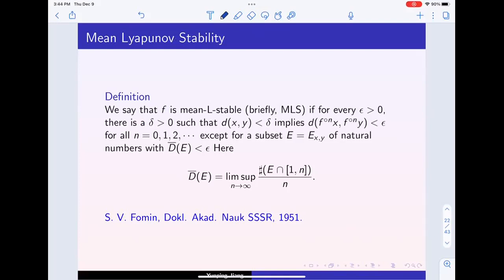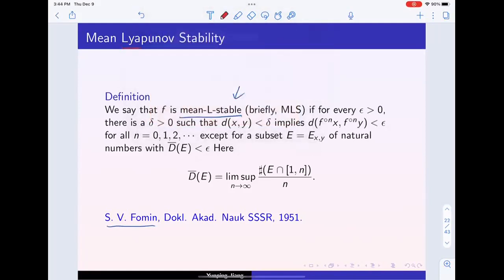Remember, you have an equicontinuous system. Now we have something a little bit larger than equicontinuous, the so-called mean L stable, a term used by the former Soviet Union mathematician Fomin. This L means Lyapunov, another mathematician.